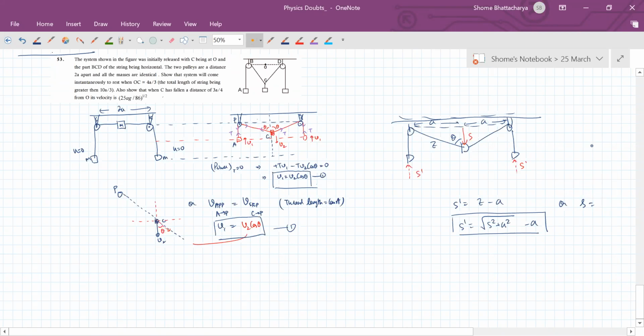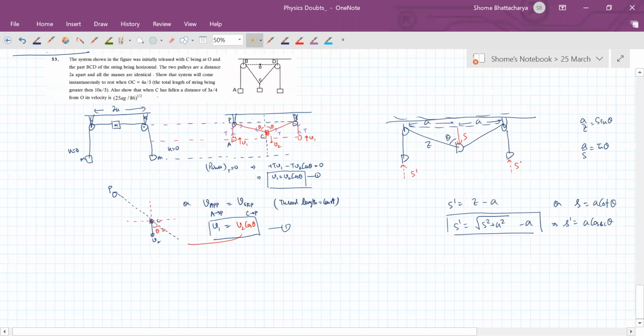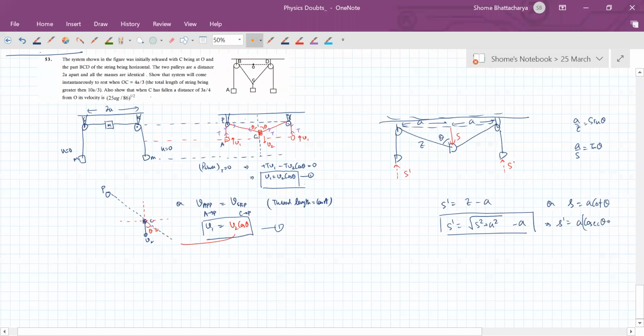So S is equal to A cot theta. Okay. Then S prime will become, A by Z is equal to sine theta, so it will become A cosec theta minus A cot theta.